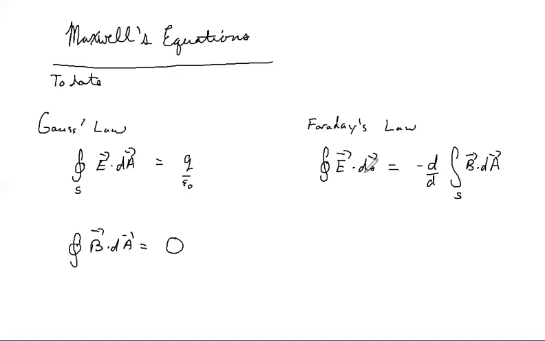And this is an open surface because it has to have a boundary given by the curve C. Finally, we have Ampere's law, which says that the line integral of the magnetic field around a closed loop equals mu naught times the current which pierces through that surface. All right, so this is to date what we have seen.